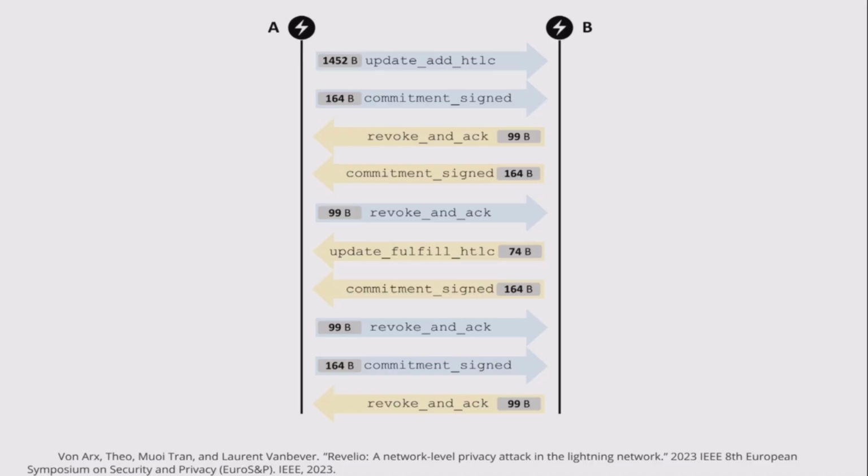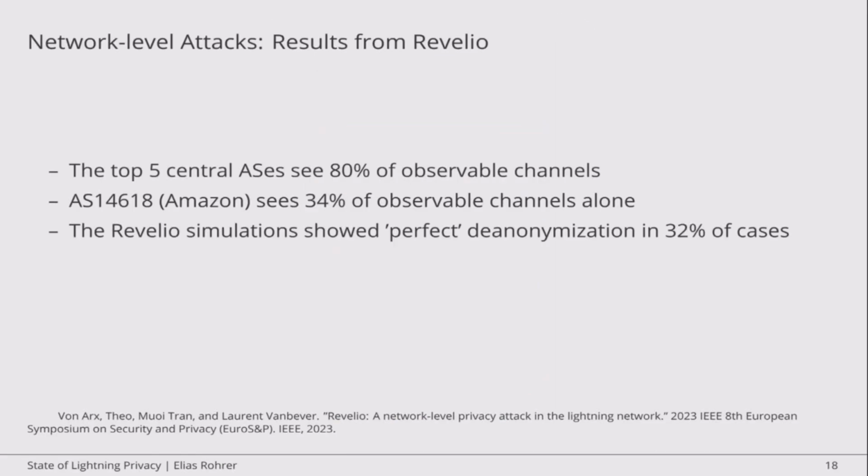And these researchers that wrote the Revelio paper in 2023 showed that you can actually classify this. In their numbers, they showed that the top 5 central autonomous systems see 80% of observable channels. And of course, the most prominent being Amazon.